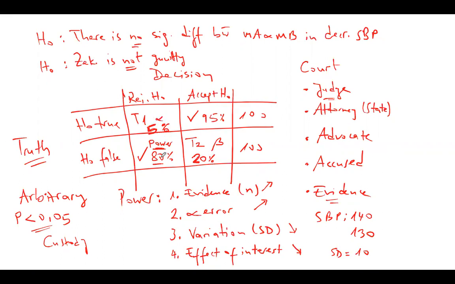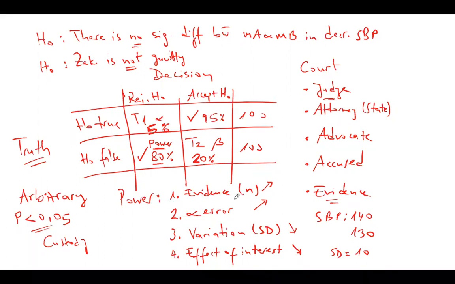And the power of any study is to say innocent to a person who is really innocent. It is not to put a person into prison who is guilty. The power is to reject H null when it is false. And these are the four factors which are affecting the power of any study.